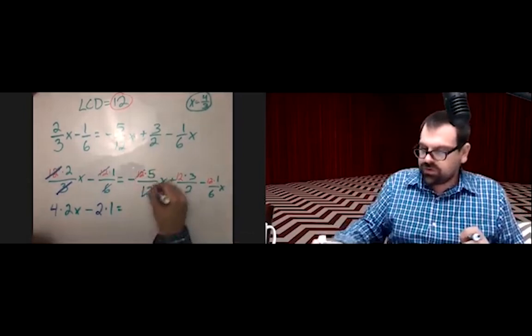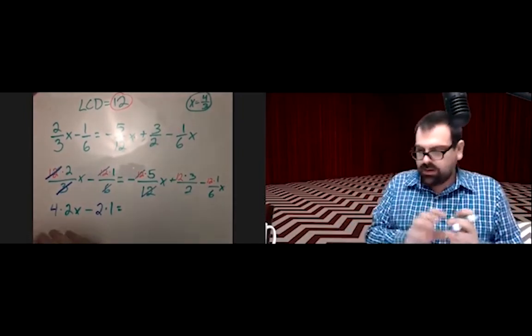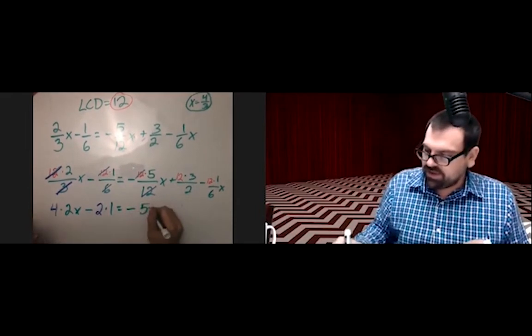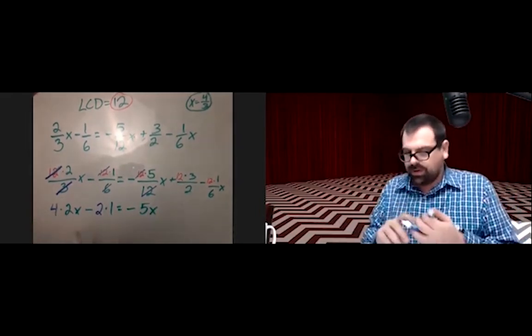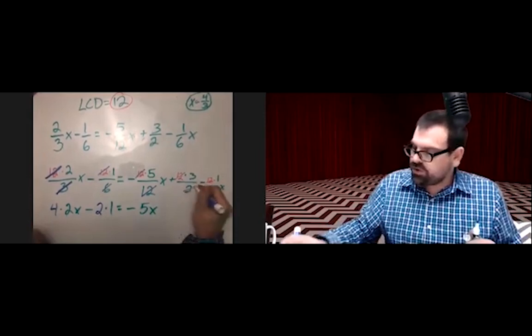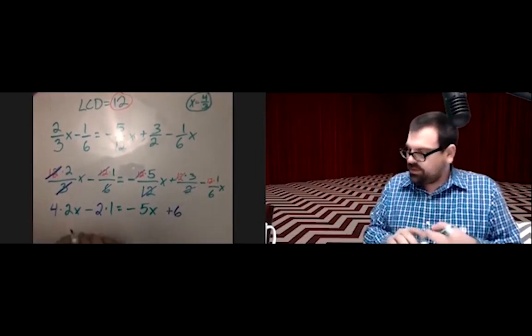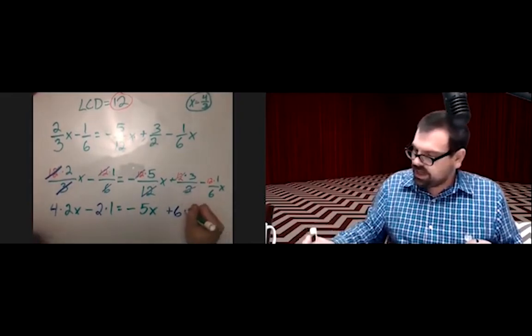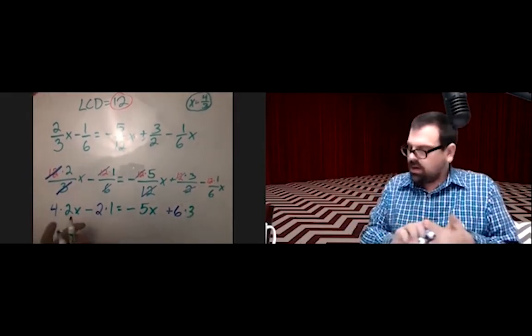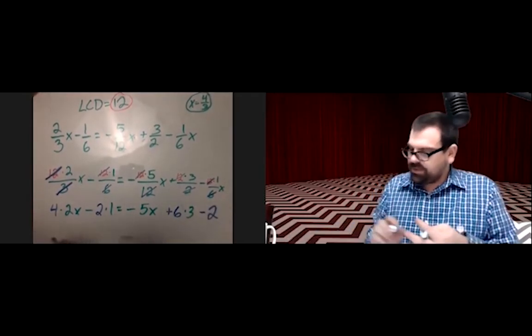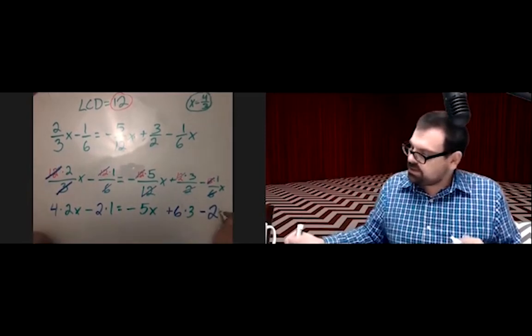Equals 12 over 12. That's 1. Those cancel out completely. So minus 5x. 12 over 2, that's a 6 times that 3. And then 12 over 6, that is a 2 times that 1x.